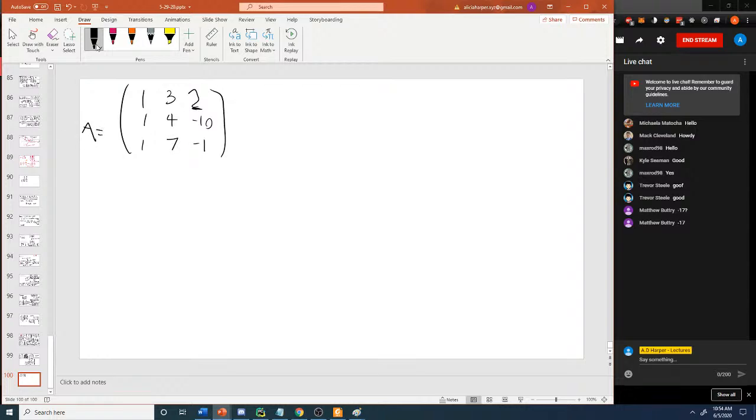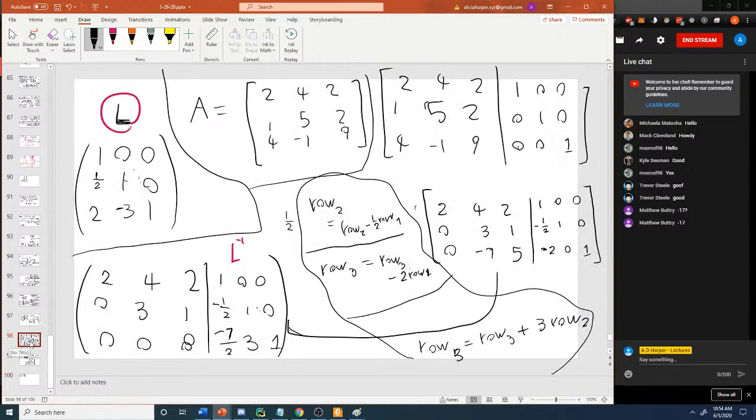So this is my matrix A, and what I want to do is form an LU decomposition for it. So I am going to go through the type 3 operations needed to accomplish that.